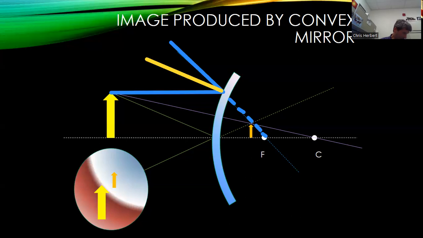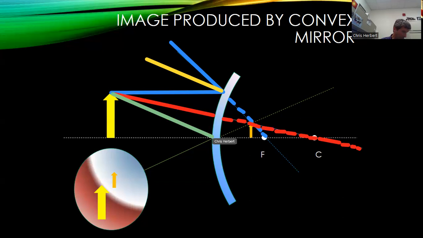Notice for, I'll use red here because I don't have purple, notice for the purple ray, we send it through the center of curvature, but remember the center of curvature is on the other side. So that ray would look like that. And the green ray represents the reflection off the point, which intersects the optical axis, and that goes this way.